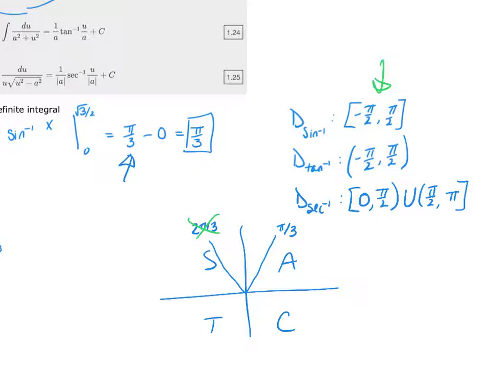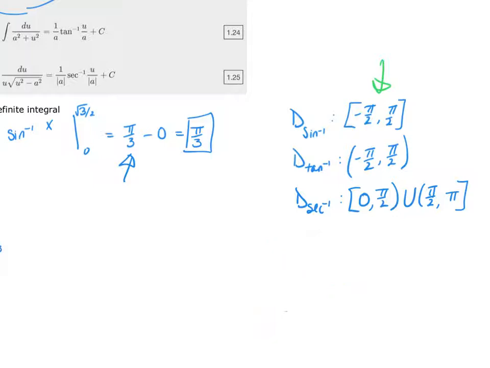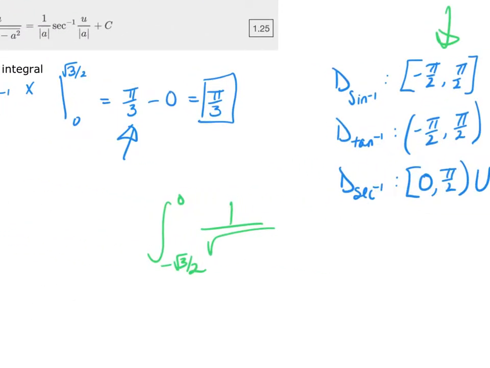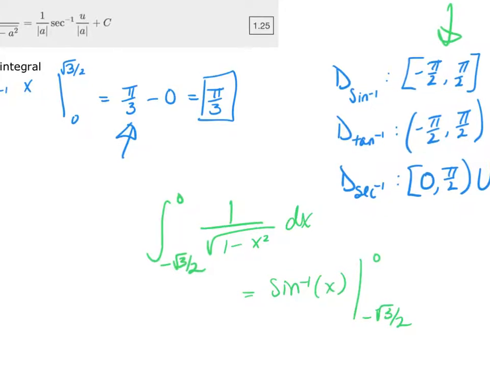And the reason I'm taking the time to do this is because if I were to evaluate, say, negative square root of 3 over 2 to 0 of the same thing, 1 over the square root of 1 minus x squared dx, then this is going to be equal to the sine inverse of x, evaluated from negative square root of 3 over 2 to 0.